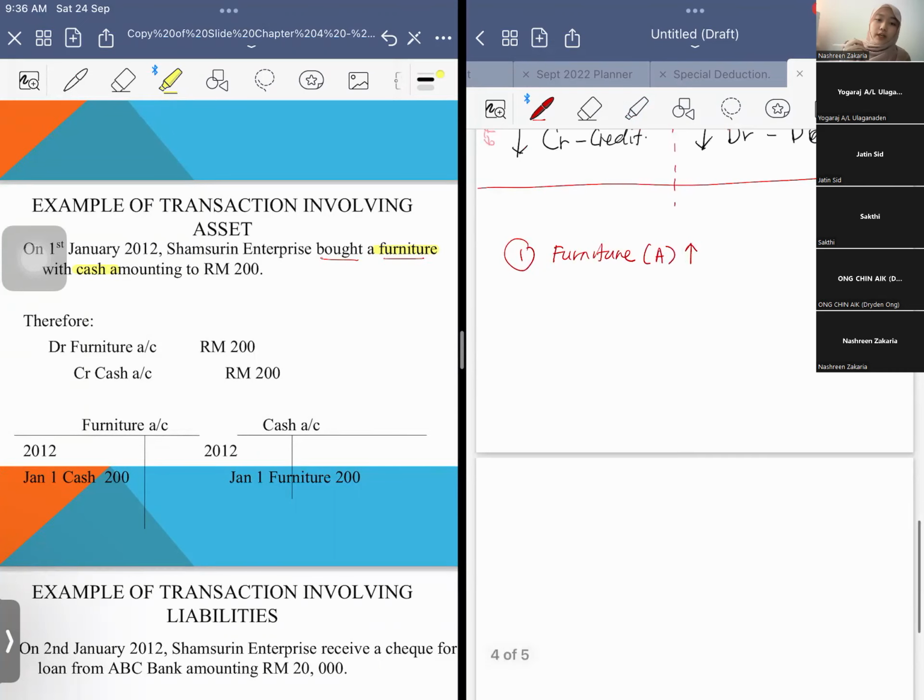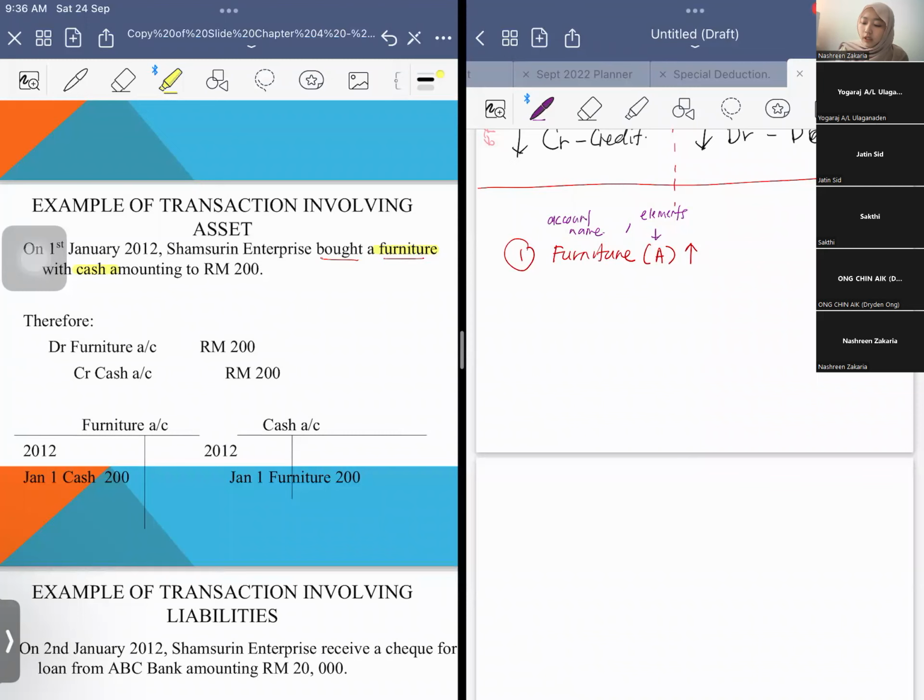Whenever you try to identify, the first item should be the account's name. Furniture is the account's name. Here in the bracket is the element. Elements are the accounting elements, the 5 elements.